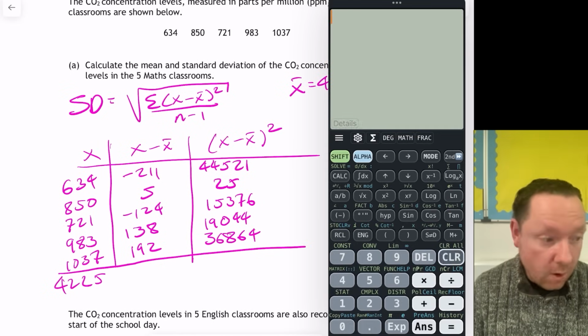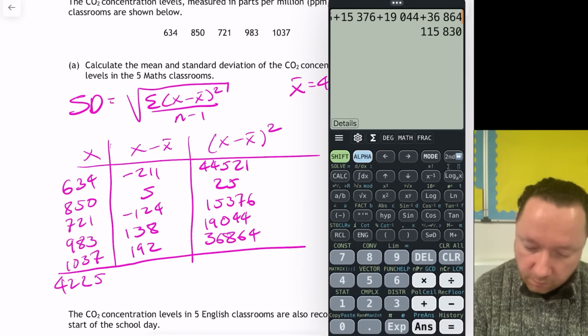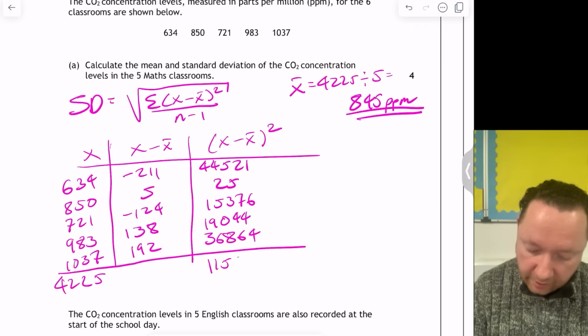And now we add all of them up. 44521 plus 25 plus 15376 plus 19044 plus 36864 is 115830.